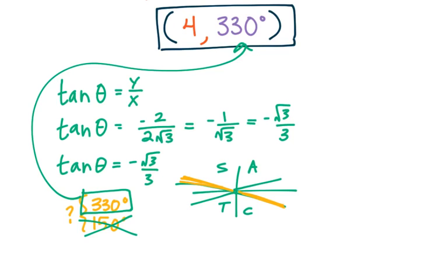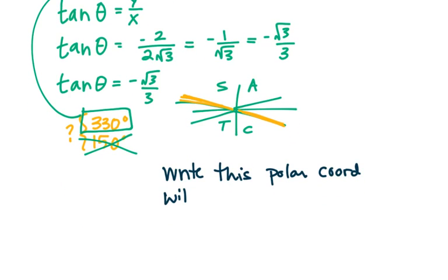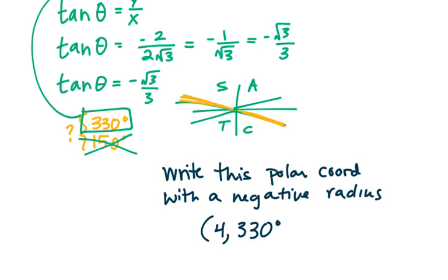One other thing I want us to do is write this polar coordinate with a negative radius. So we had 330 degrees.